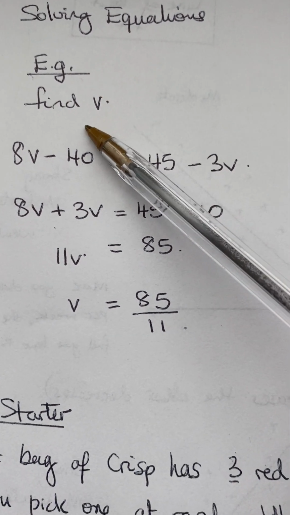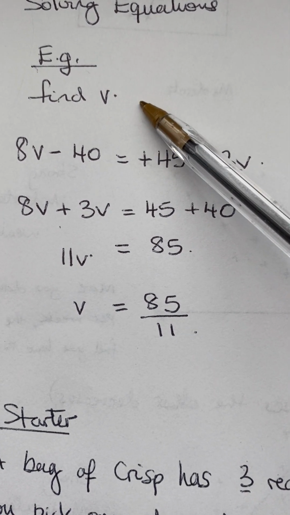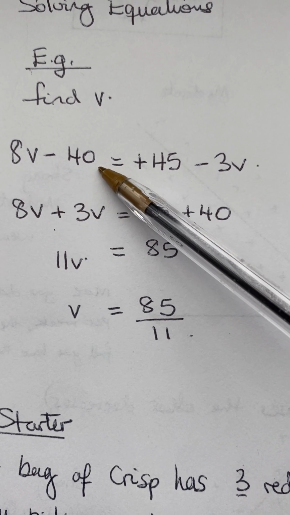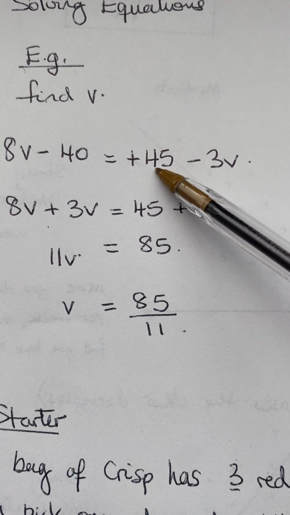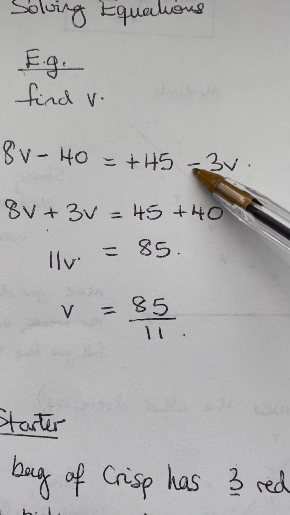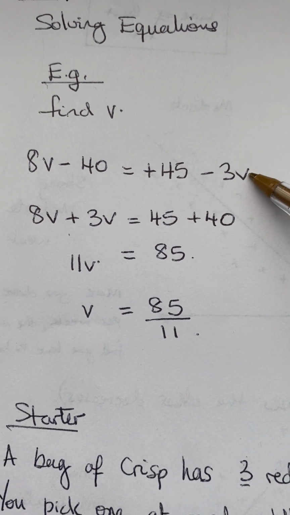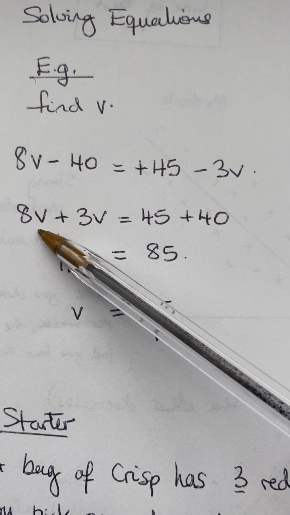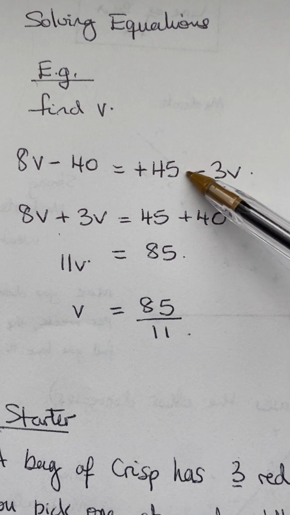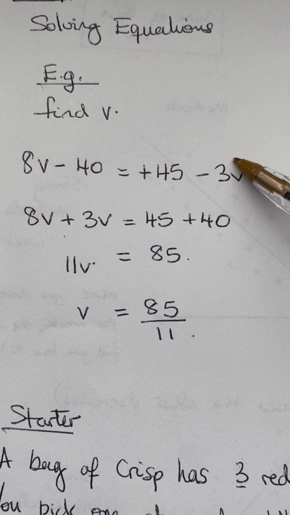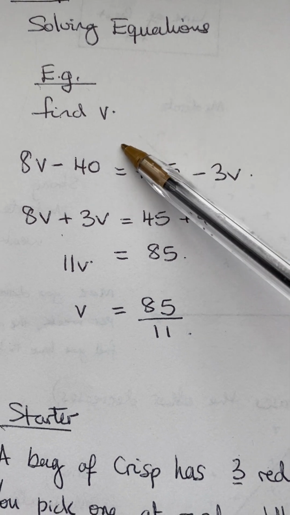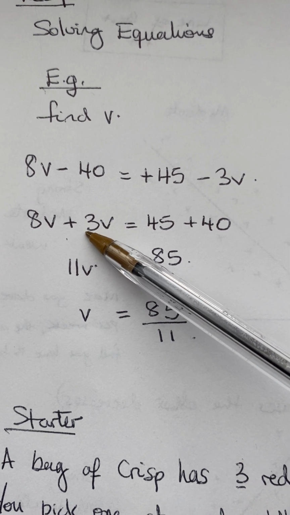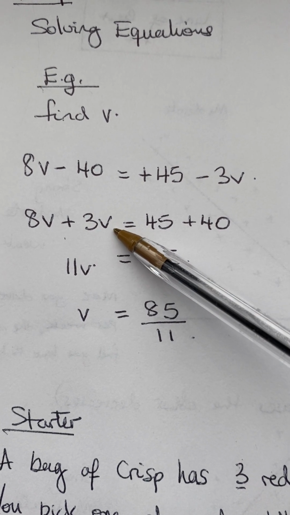So here, find v. 8v minus 40 equals 45 minus 3v. So 8v, now this is minus 3v. If we move it to the other side of the equation sign, it becomes plus 3v.